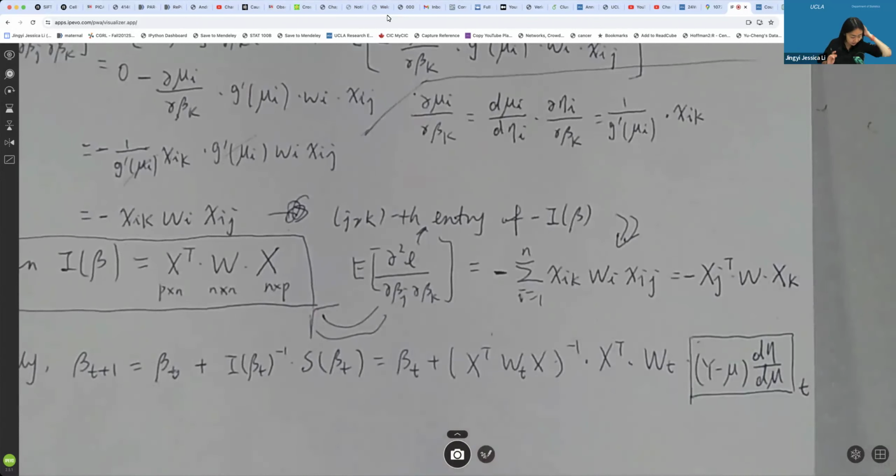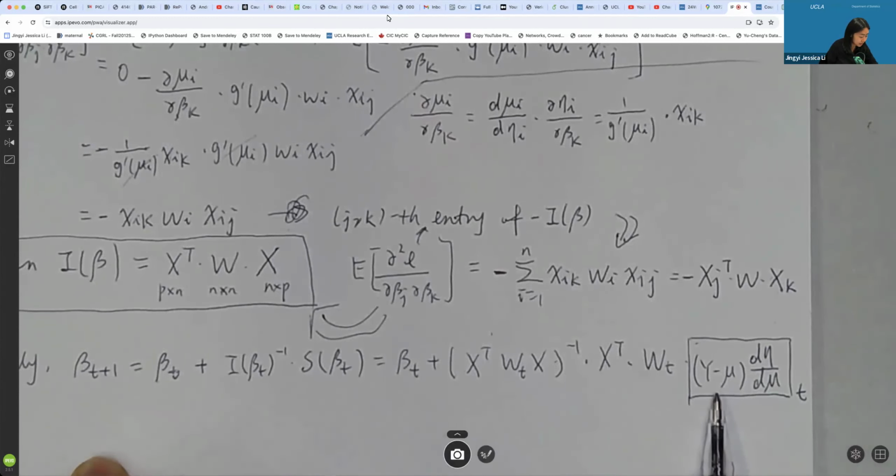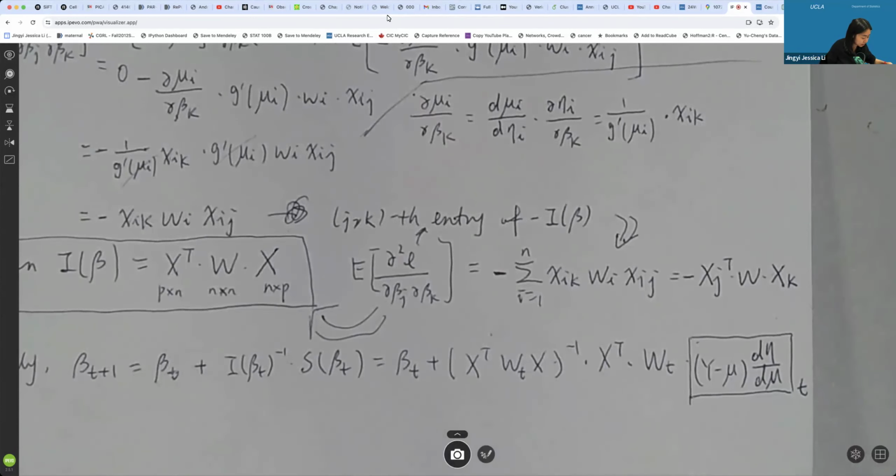And this is exactly the formula for weighted least squares. Maybe we can talk about the weighted least squares right now, because we basically covered the iteratively weighted least squares. So this is the update rule. Let's think about weighted least squares and how we can find the connection here.